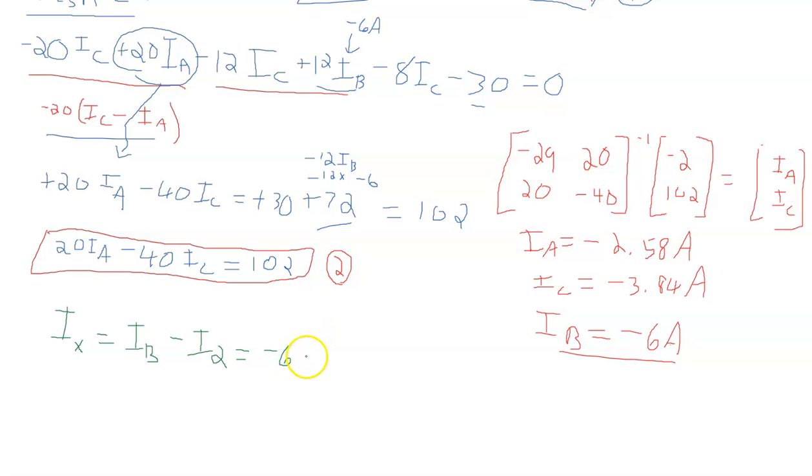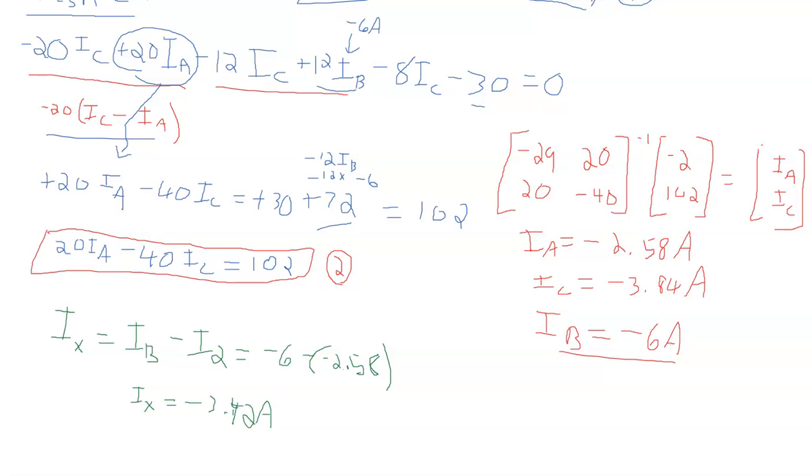So then we're going to subtract IA, which was negative 2.58. And so Ix then, negative 6 plus 2.58, which is negative 3.42 amps.